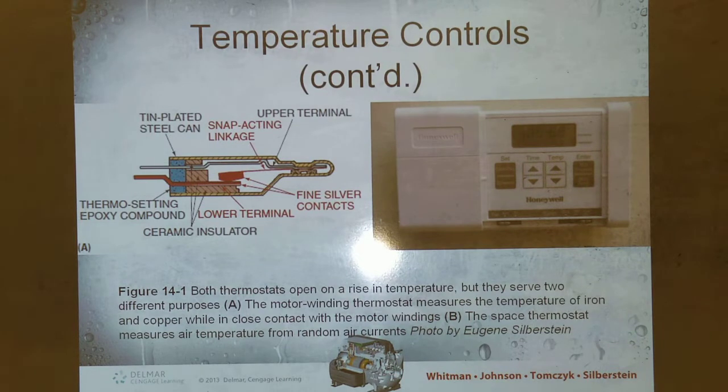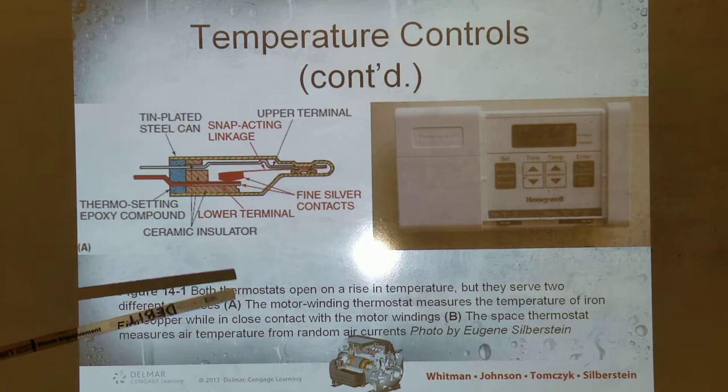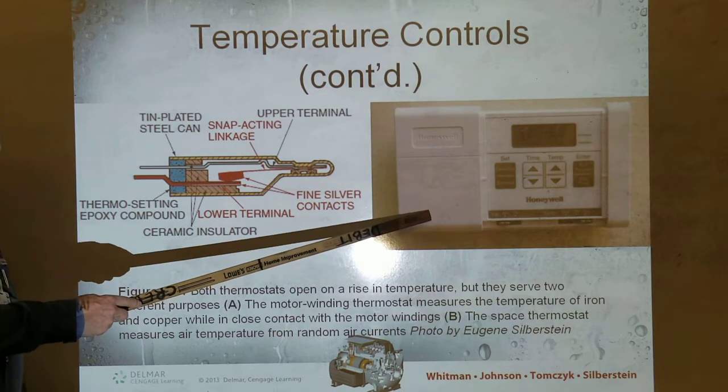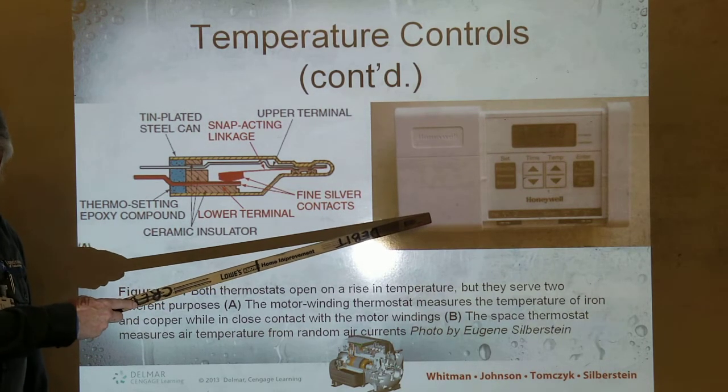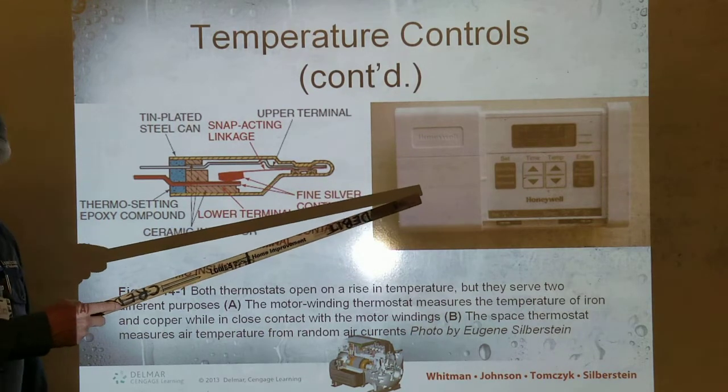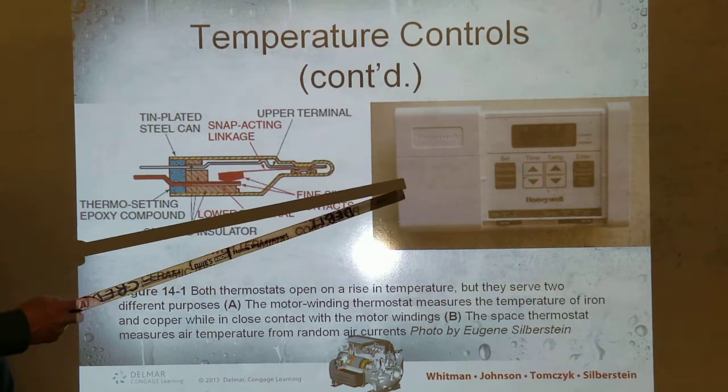Okay, so both of those are thermostats, but they serve different purposes. This is a safety. It opens on temperature rise. And this is a, what is that? Anybody? A thermometer? It has a thermometer in there.